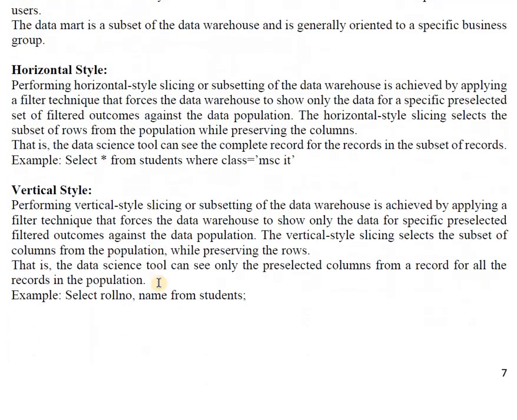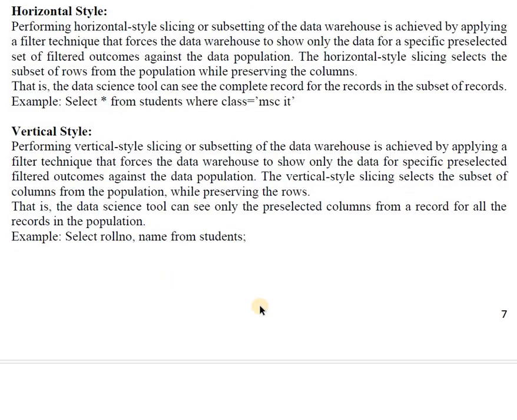Horizontal style, as the name suggests, what we do in this is we filter out the rows. So we generate a subset of rows from the population while preserving the columns. All columns are retrieved only for a particular subset of rows.